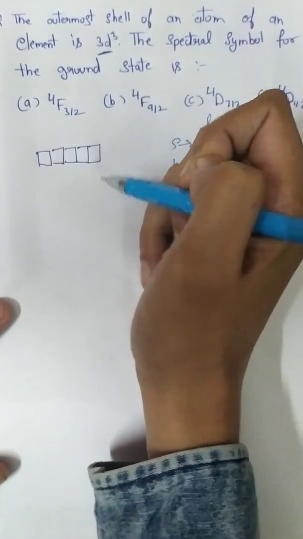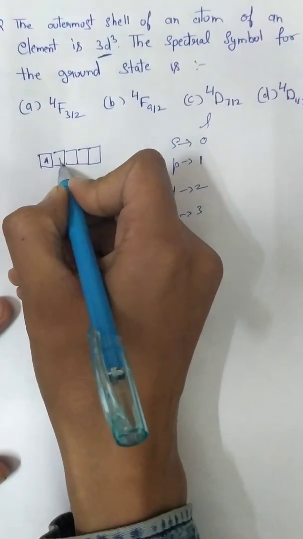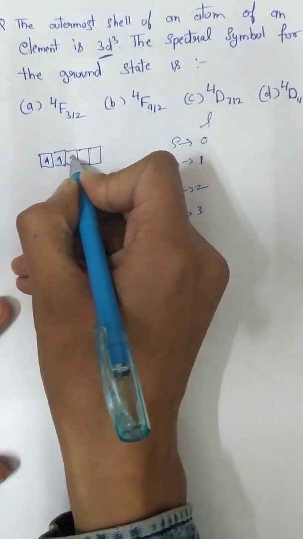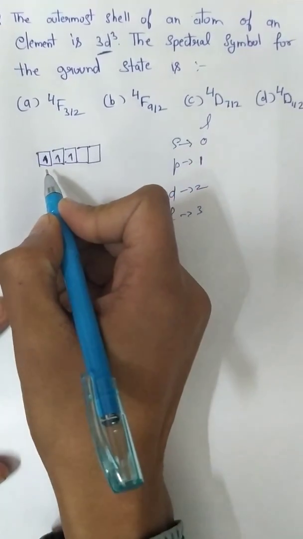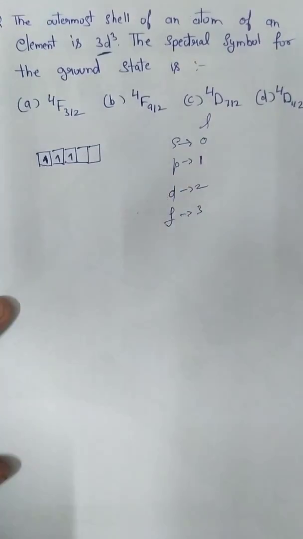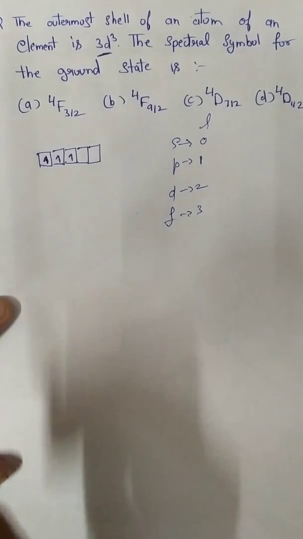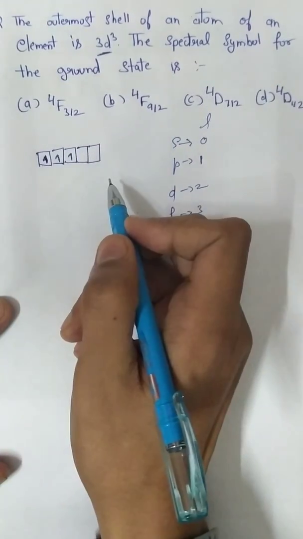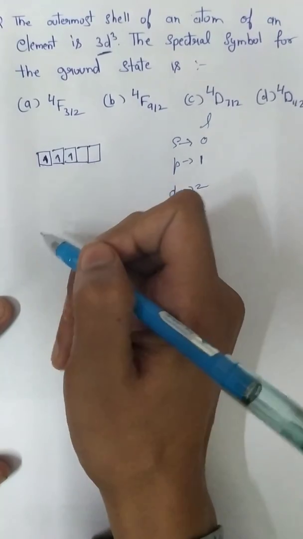So I'll fill the electrons like this, right? All these electrons should be parallel, and I'm not pairing them because according to Hund's rule, an electron prefers to remain unpaired as far as possible, and electrons in a subshell will be paired only when all the orbitals of the subshell are half filled with parallel spin. Got it? So the filling would be done like this.